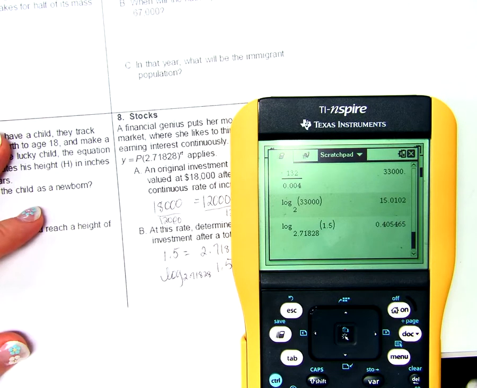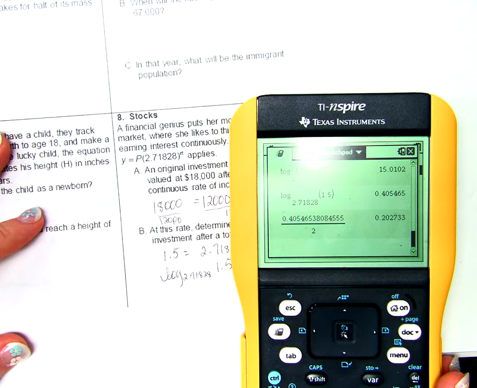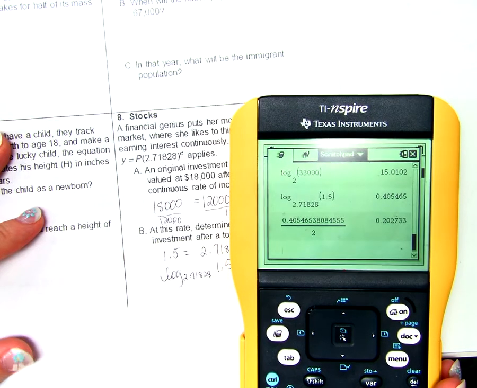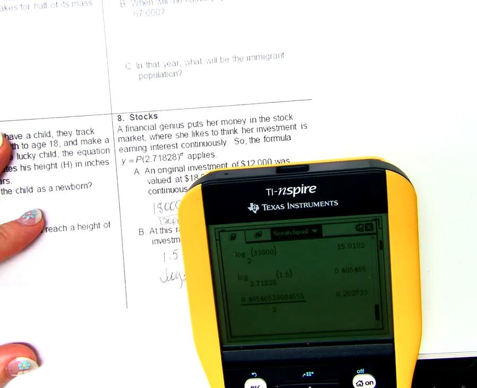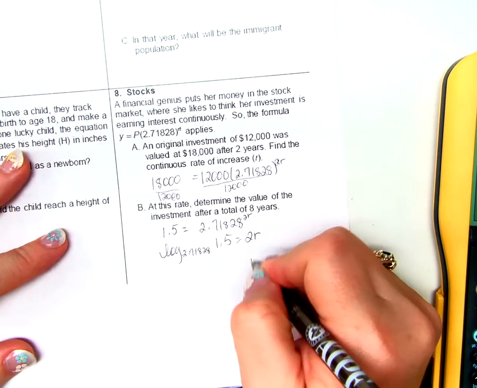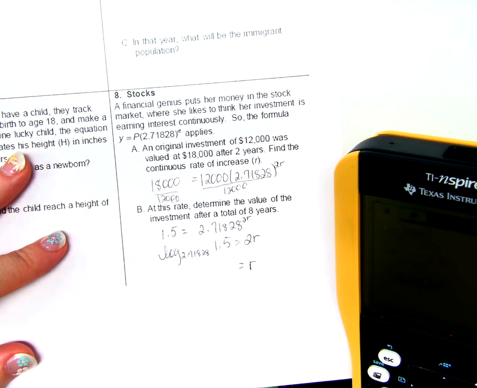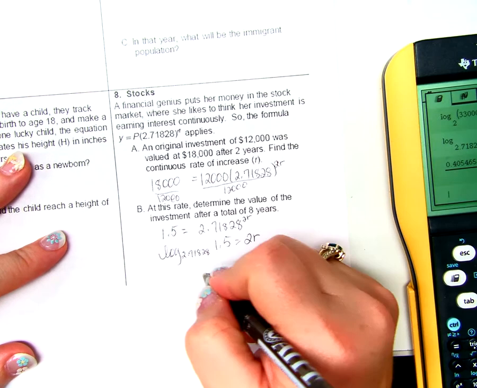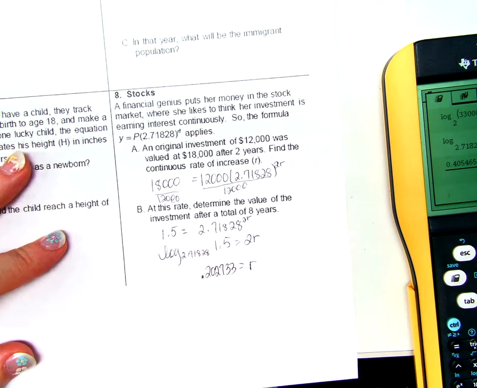And I need to divide that number by 2 before I can actually solve for R. Okay? So if I divide that number by 2, oh, sorry. R is going to equal what? 0.2027? 0.202733. Okay?